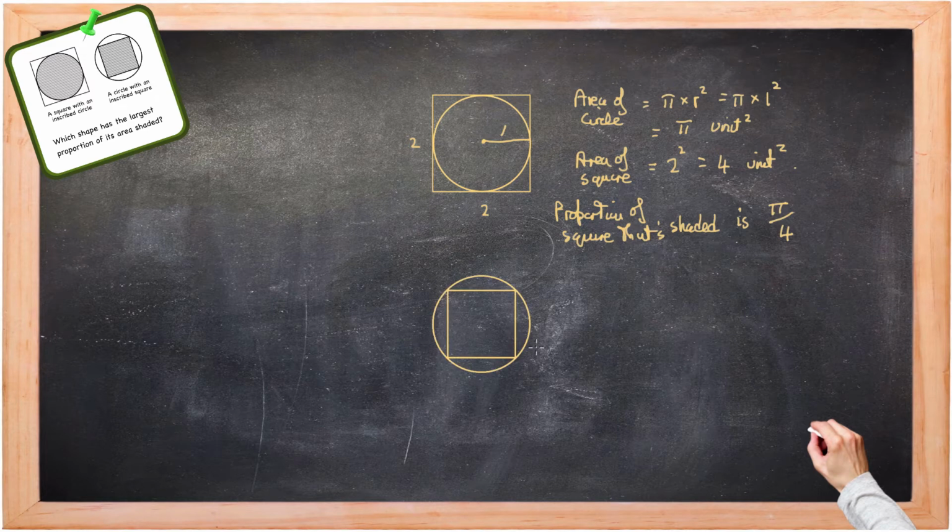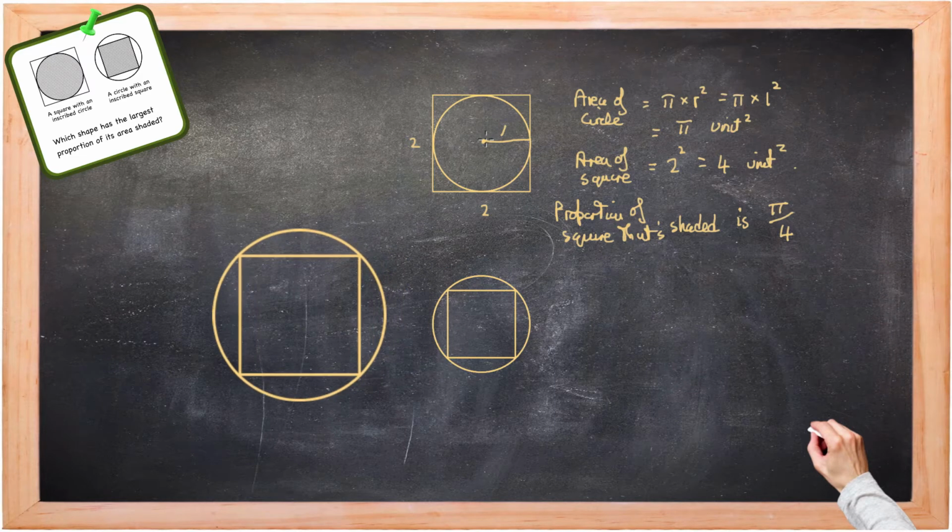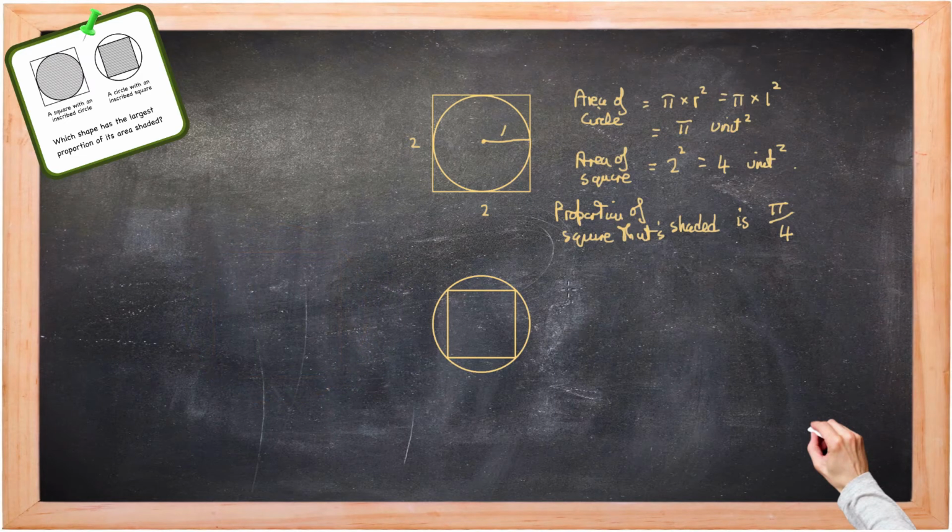Let's have a look at the next diagram then. This time we've got a square inscribed inside a circle, and again no units, so we're at liberty to choose whatever units we want. We were successful with this radius being 1. Let's do the same. However, if I draw this radius across there, we're missing a vital connection to the square. So let's instead, remember the radius, there's loads of radii all the way around.